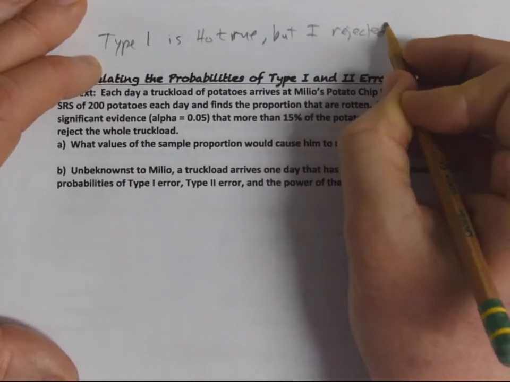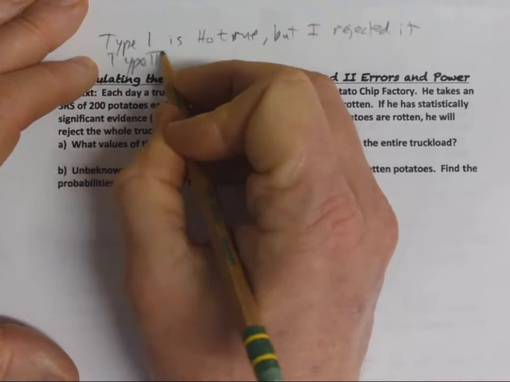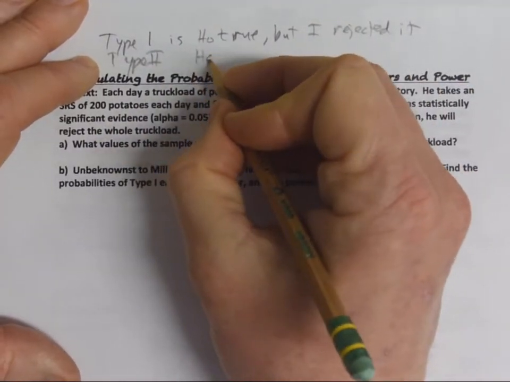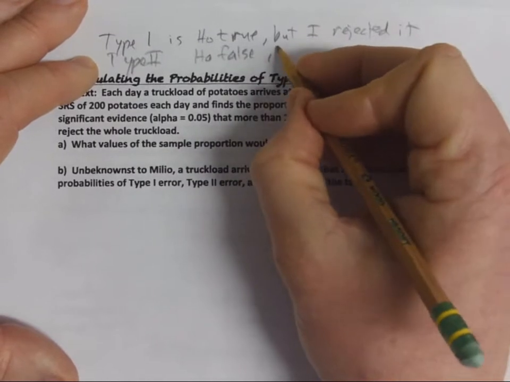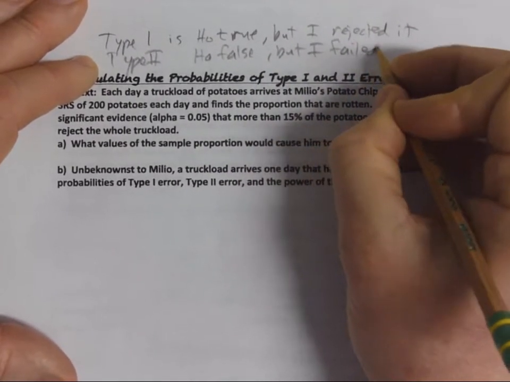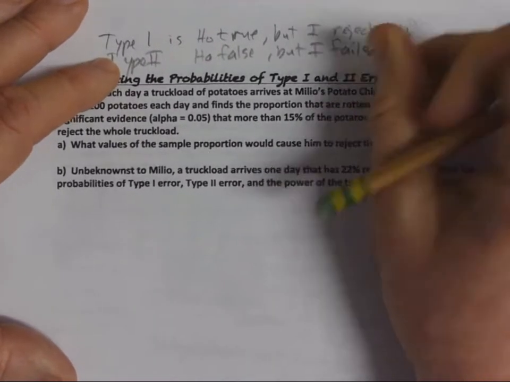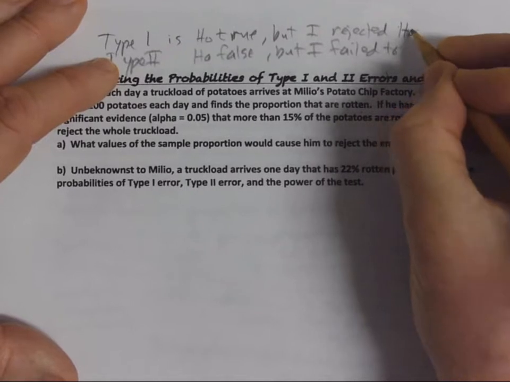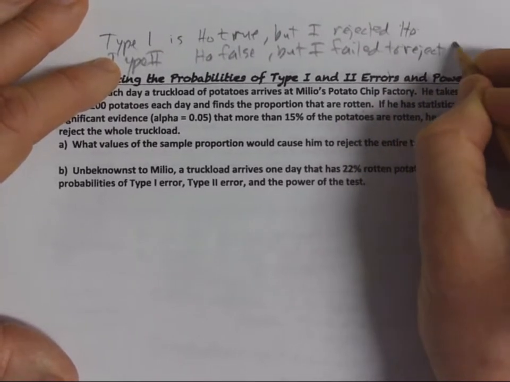But I rejected it. And so type 2 error is the vice versa of that. Type 2 error is the null is false, and it's an error, but I failed to reject it. I failed to reject it. Let me go ahead and write the null. We either reject or fail to reject the null.